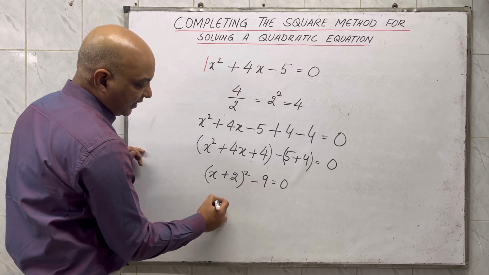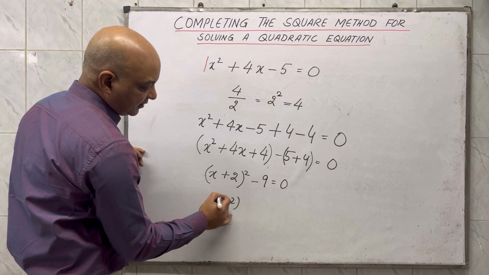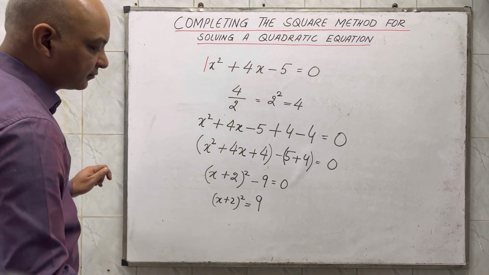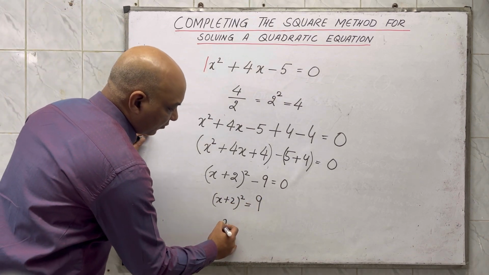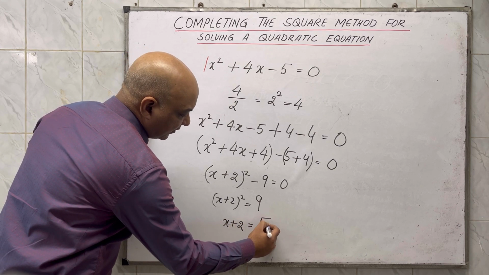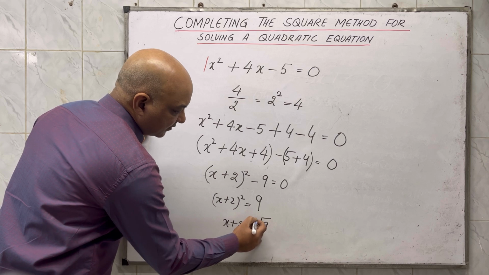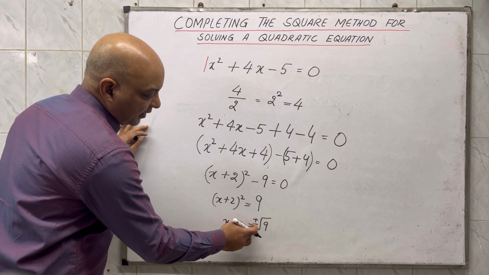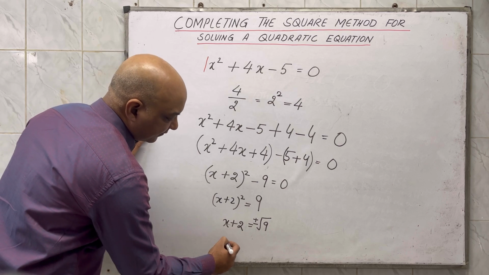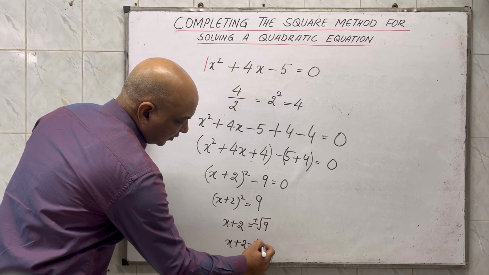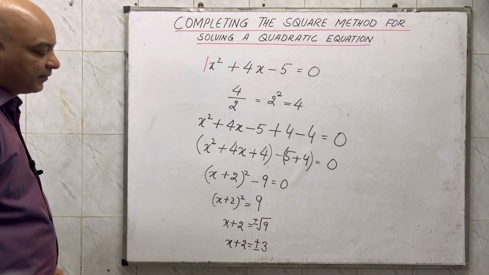If you take this 9 to the other side, you get 9. And now taking square roots on both sides, I get x + 2 = ± √9, which gives me two possibilities.